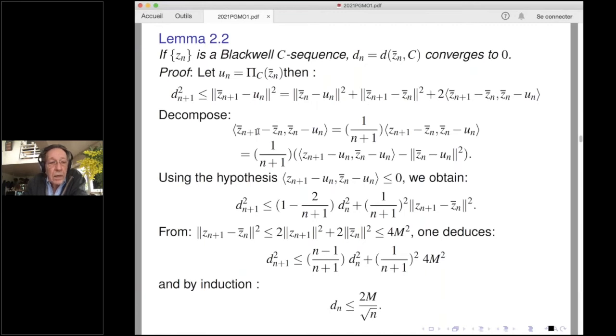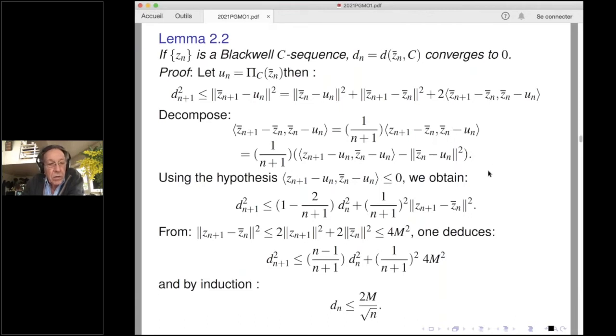And then I decompose z_{n+1} minus z_n bar, using the fact that z_{n+1} bar is 1 over n+1 times z_{n+1} plus n over n+1 times z_n bar. This is the classical difference of Cesaro averages. And then I have z_n bar minus u_n. Again, I decompose, introducing u_n here.